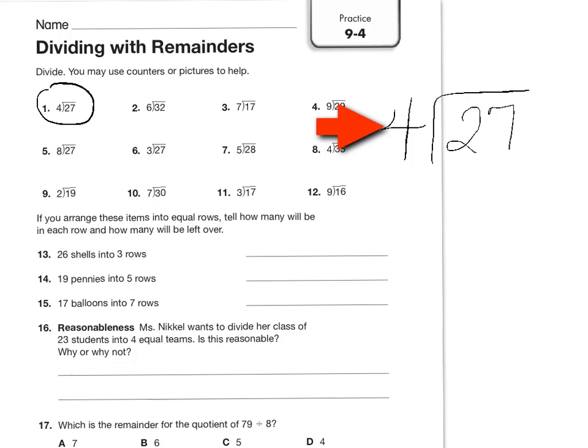In this case it is not. So we need to now go to the ones place, or the place directly next to the 2, which is a 7. So now we have 27 divided by 4, and we do know 27 is a larger number than 4. So we can figure out how many 4s are in this number 27 without going past 27.